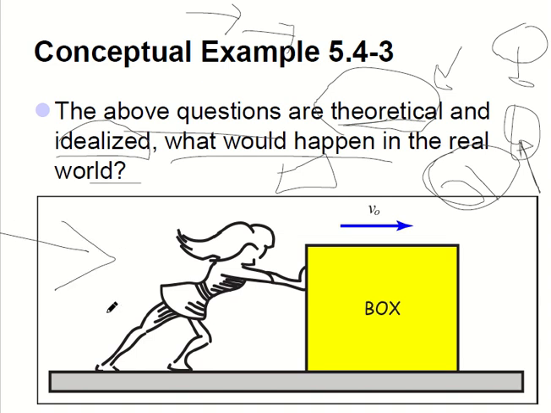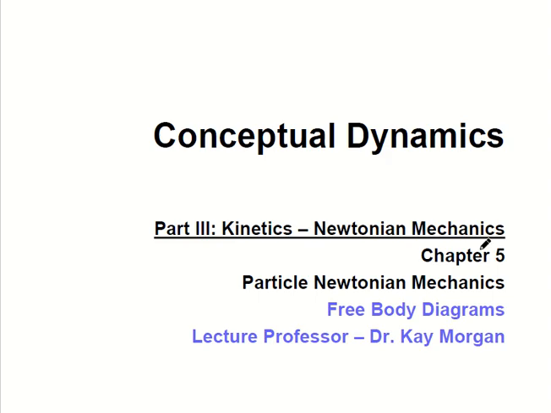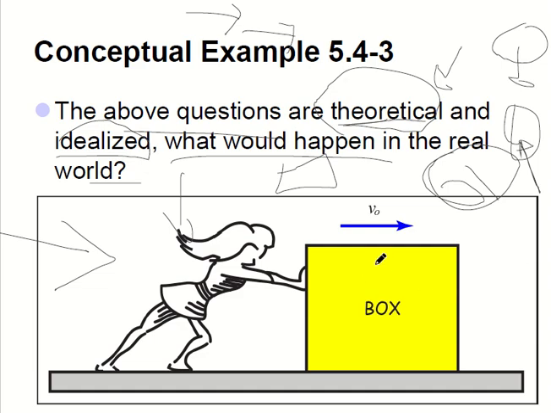The outside real-world environment is different from the environment that we theoretically set up on the page, in the textbook, or idealized. It's not as simple as this, not as systematic as this. There are lots of external forces on her and on the box. So that's what you need to reason.